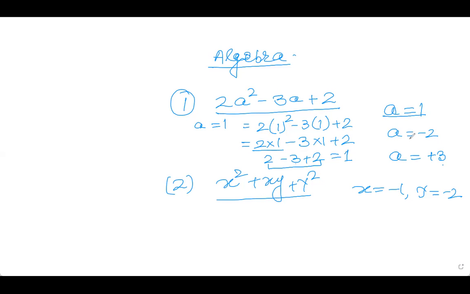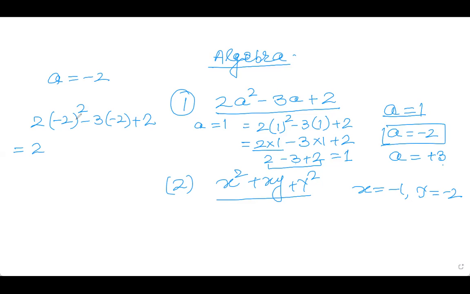So if you substitute minus 2 in place of a, if you place a equal to minus 2, then you will write 2 into minus 2 ka square, minus 3 into minus 2, plus 2. And now you let me know what is the answer. At first you do this exponent solution.